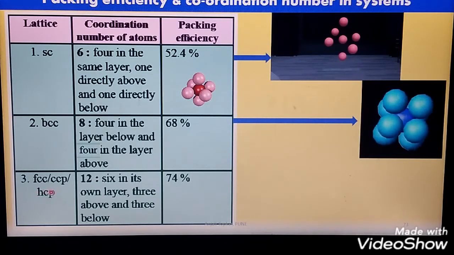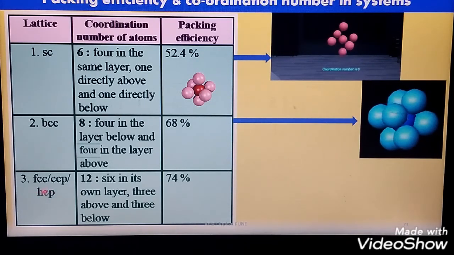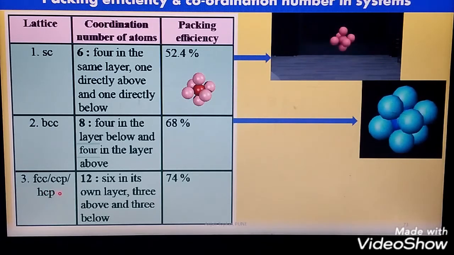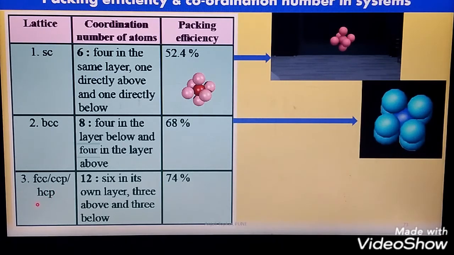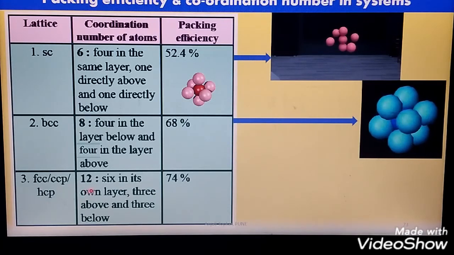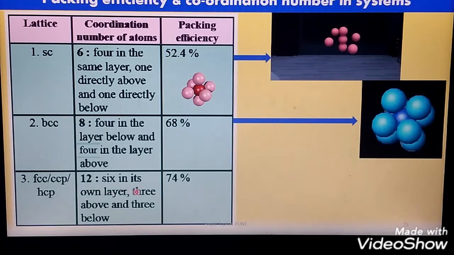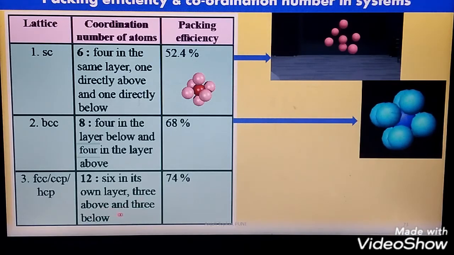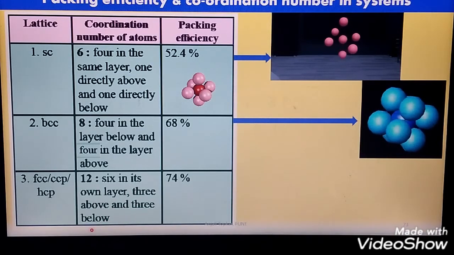In FCC, that is face-centered cubic lattice, or cubic close packing, or hexagonal close packing, the coordination number is found to be 12. 6 in its own layer, 3 above and 3 below.